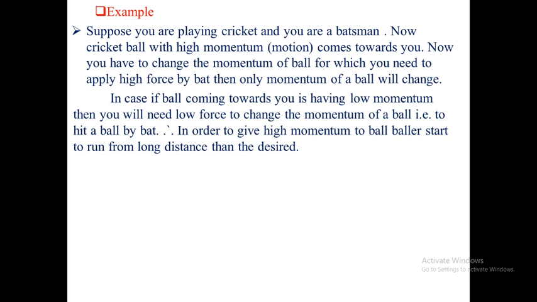So that's why it is difficult to bat against a faster bowler. If there is a slower bowler, or the ball is coming with low speed or small momentum, it is easy to hit that ball, and we will get a six or a four. If the ball has high momentum, then there are chances of losing your wicket.